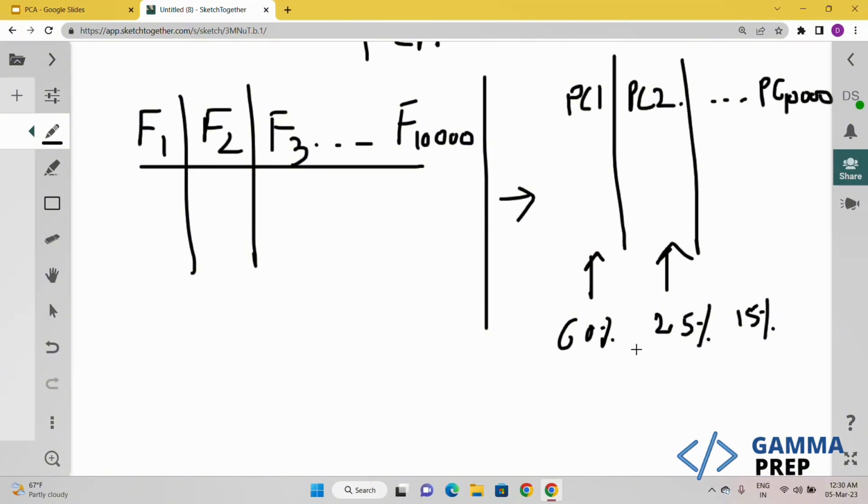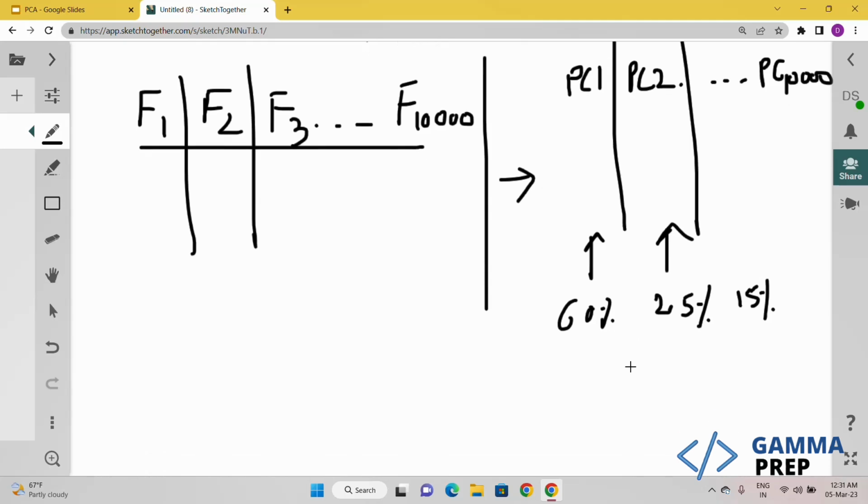So the first few principal components contain the maximum information, and you can take the first 5 or the first 10, use only those new features, and ignore the other ones. In this way, you will be able to grab 90% or more of the information of the data. Again, it depends on you how many principal components you need and how much information of the data you want to capture.